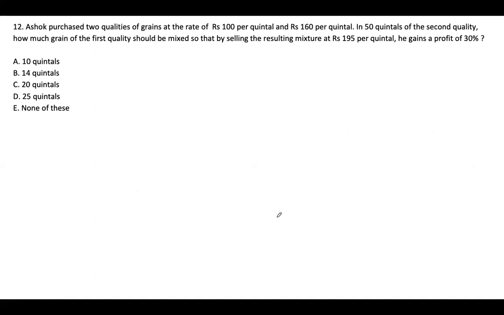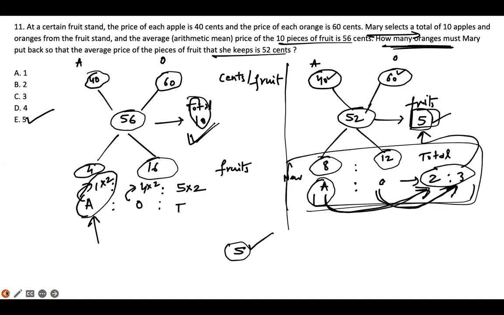Sir, just one question on the previous problem that we solved. When we're trying to find the number of oranges that Mary put back, would it be based on total minus the fruit on the other side, or would it be based on 8 minus the ratios? Why are you complicating things, man? Whatever this total that you're seeing on the screen, this is with respect to what the question is asking.